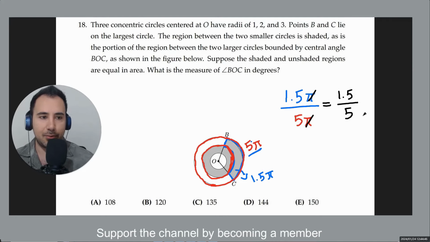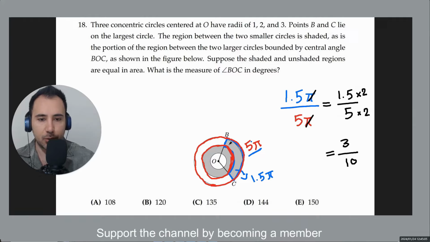Now we need to get rid of the decimal value, 1.5 over 5. To get rid of the decimal, I multiply both of them by 2. So 1.5 times 2 is 3, and 5 times 2 is 10.